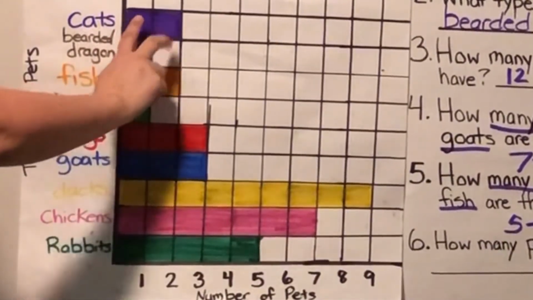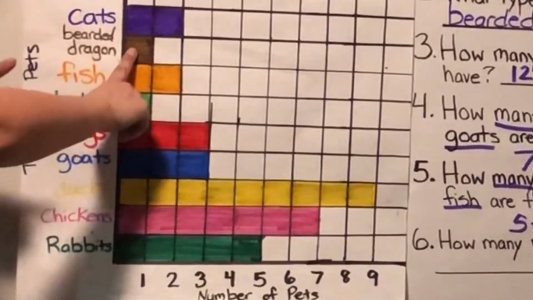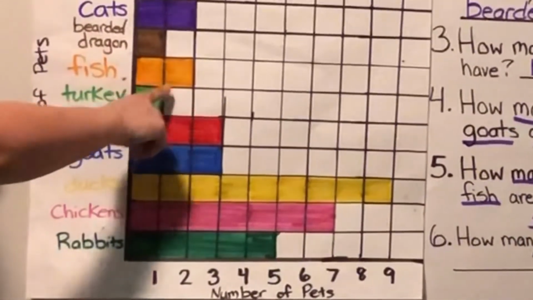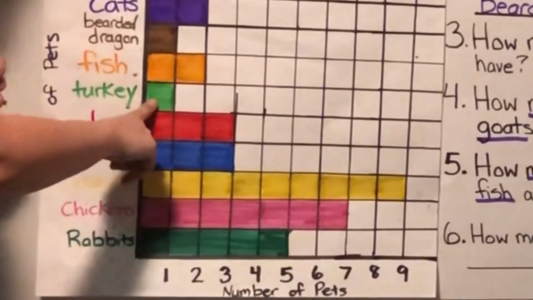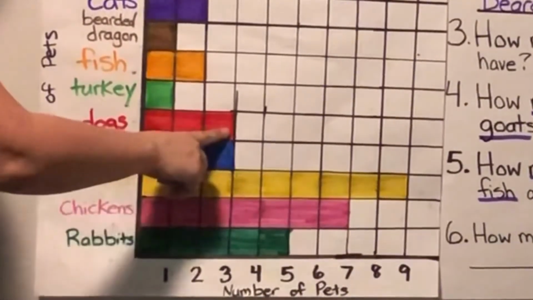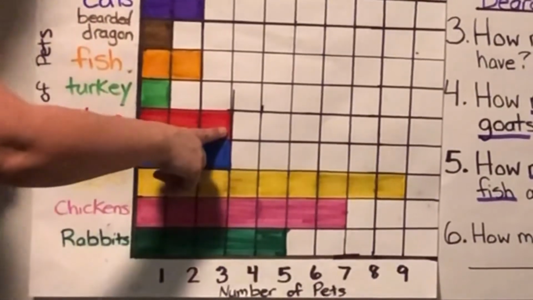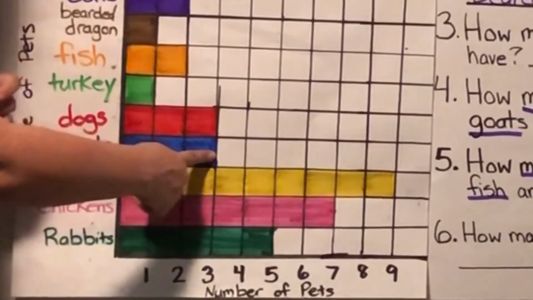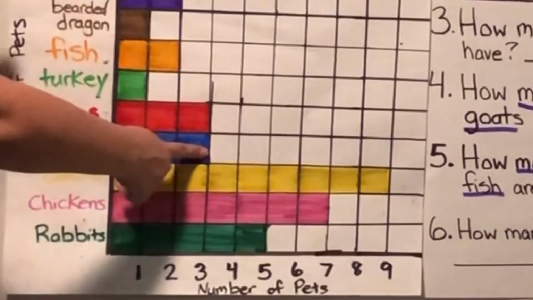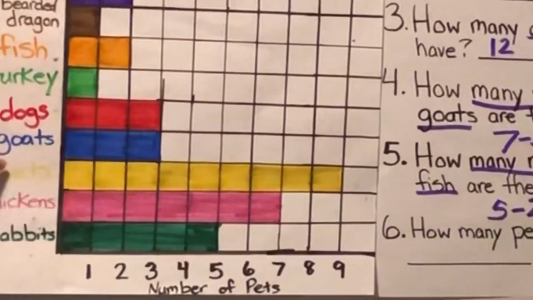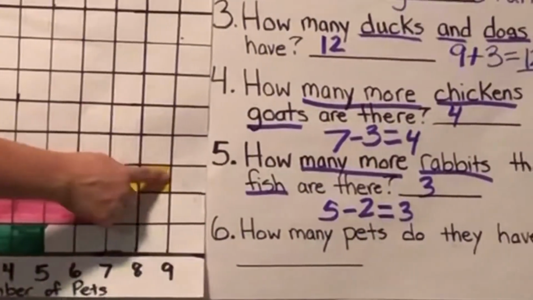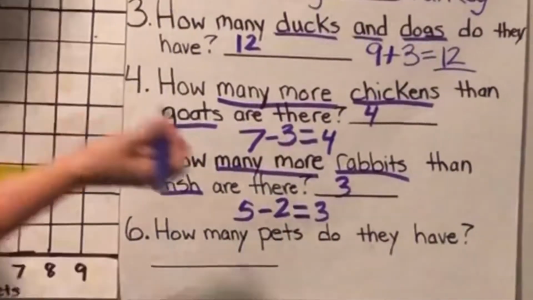So 2 plus 1 is 3, plus 2 more is 5, plus 1 turkey is 6, plus 3 dogs is 9, plus 3 goats is 12. Now we're getting to bigger numbers. 12 plus 9 ducks. 12 plus 9.